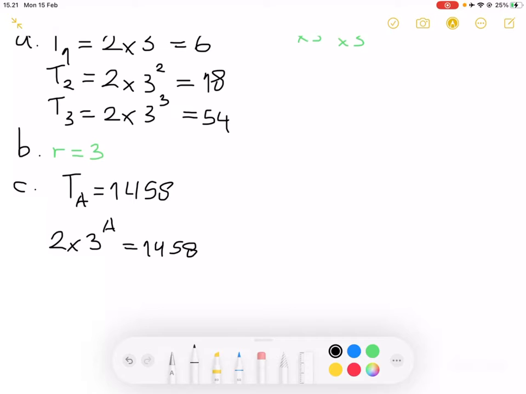Dividing 2 on both sides, leaving us with 3 to the A, this will be equal to 729.